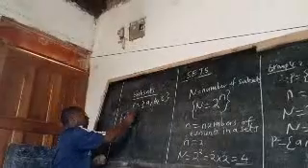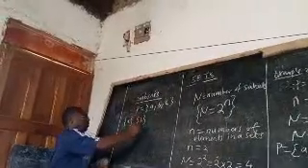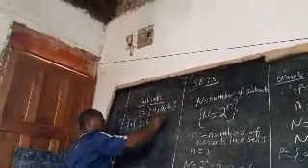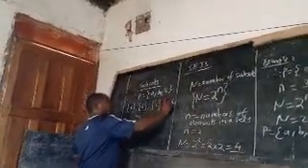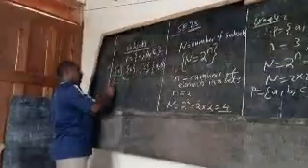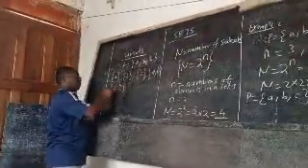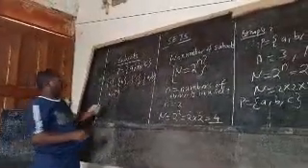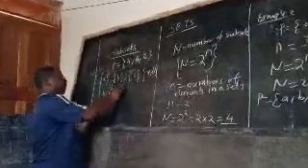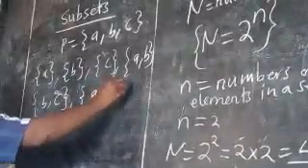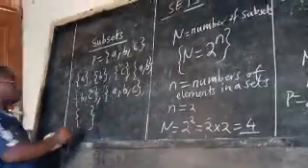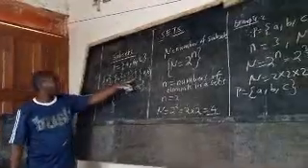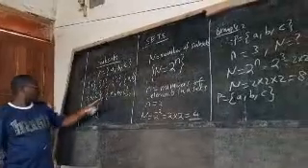The second one is B. The third one is C. We have A, comma B. We have B, comma C. We have A, B, C. We have the empty set. Then we count 1, 2, 3, 4, 5, 6, 7.